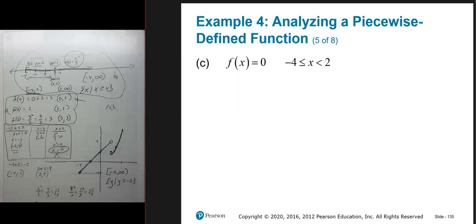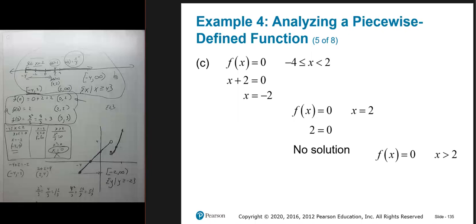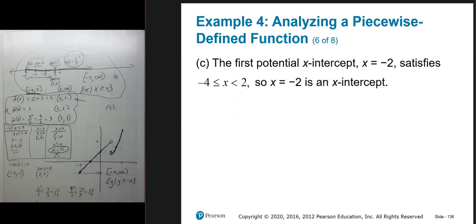So we check out for that portion, and we get that x is 2. And for the second portion, we get that there's no solution. And then for the third portion, we get that it's 0, but 0 is not in that domain.